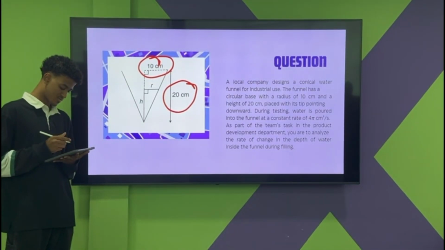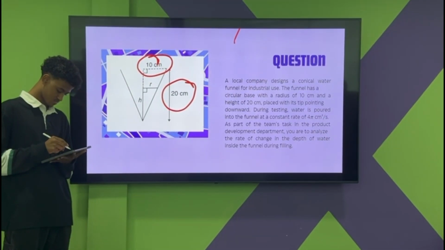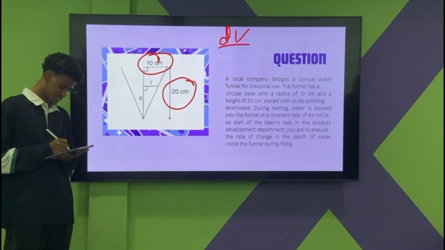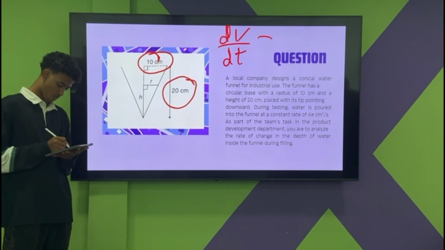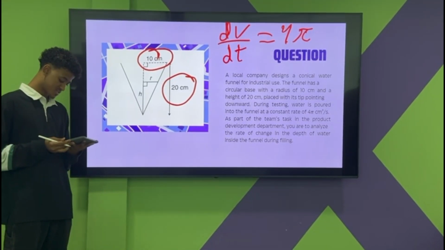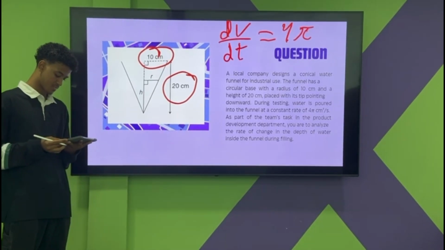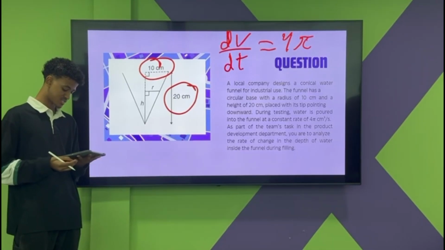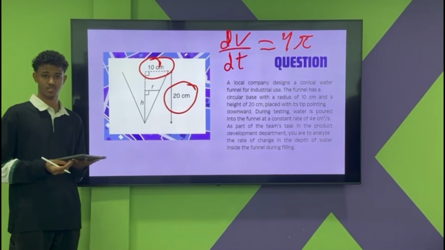So we were given dV over dt, which equals 4 pi. As part of the team's task in the product development department, you are to analyze the rate of change in the depth of water inside the funnel during filling.